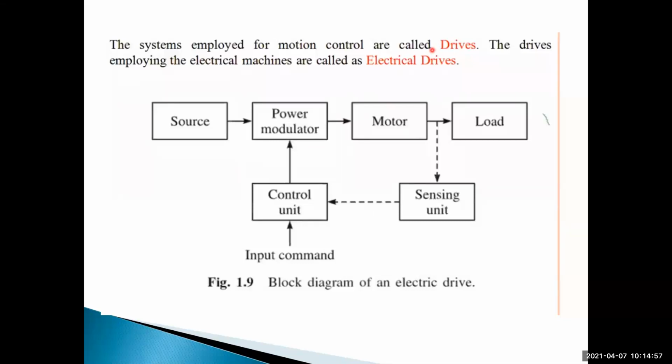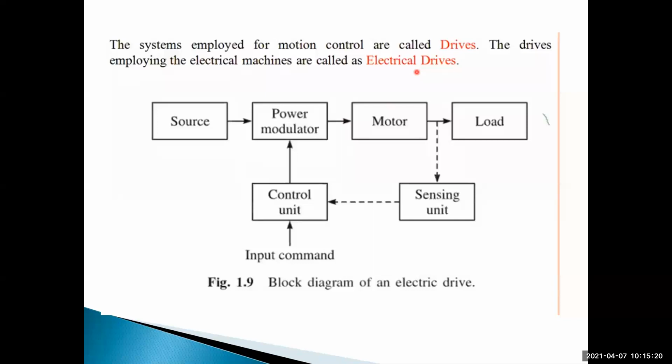What is a drive? The systems employed for motion control, that is, speed control. By using some systems we control the speed of the machine; that is called a drive. The drives employing electrical machines are called electrical drives.